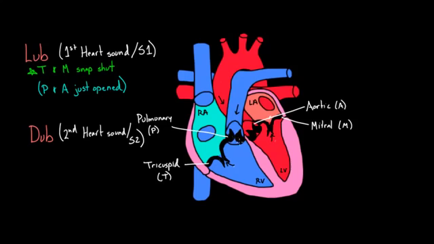They're going to snap shut like that. They make noise. And so when you have dub, you actually have noise coming from the pulmonic and aortic valve snapping shut. And that must mean that then the other two valves just opened up. The tricuspid and mitral just opened. You can assume that, right? And I didn't draw that in the picture.